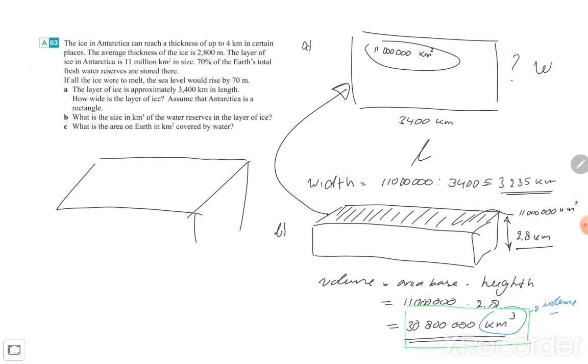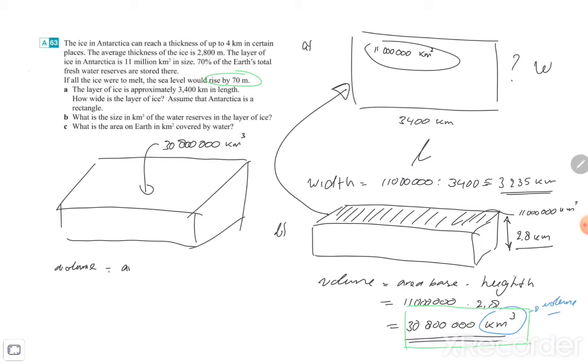So like this, and the volume is 30,800,000 cubic kilometers. They just told us that if all the ice were to melt, the sea level would rise by 70 meters.